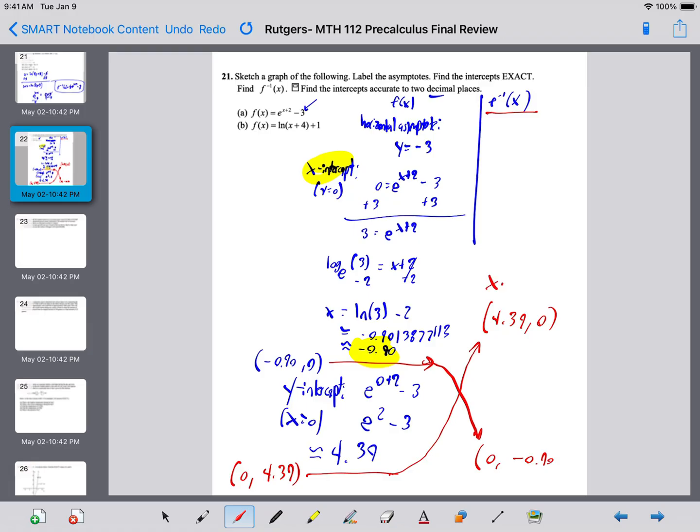So this is going to be your x-intercept for the inverse, and this will be your y-intercept for the inverse. And now, for the asymptotes, remember, you're just switching x and y, so this is going to be x equals negative 3, because now it's a vertical asymptote.